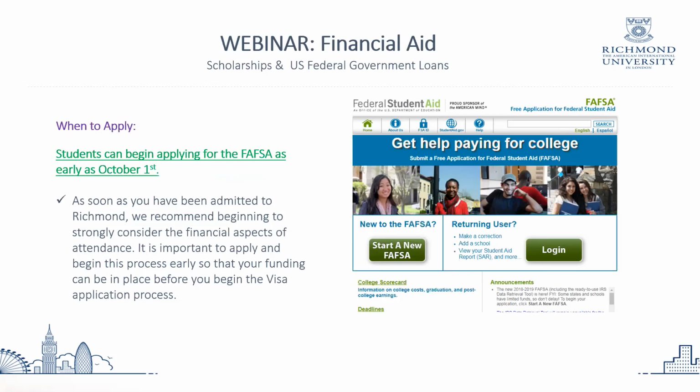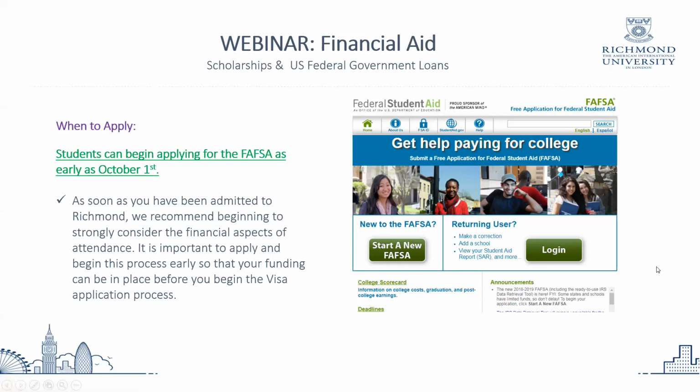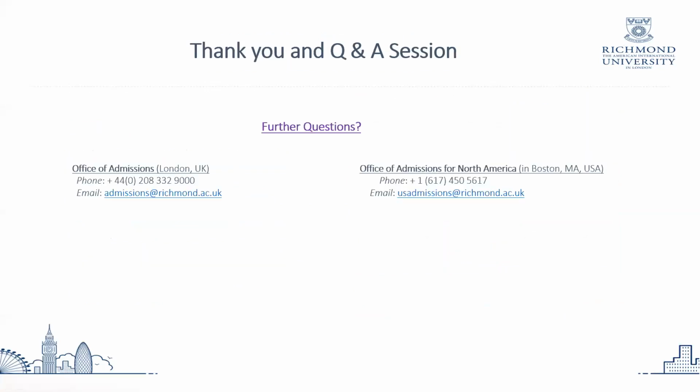Once you receive it, please read through it very closely and follow the instructions on the letter very closely. There is also some contact information from our US admissions office, where you can contact them directly if you have any questions. And thank you for participating in the financial aid webinar.